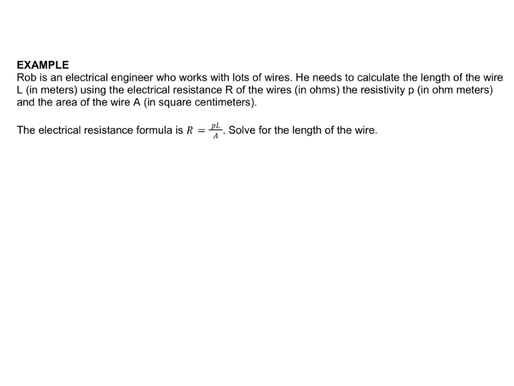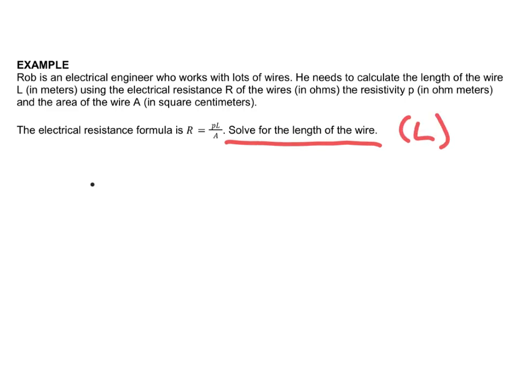As I read this, that's a lot of information and a lot of things that I don't know what they are. However, I am able to read this formula: R is equal to P times L, all divided by A. And we want to solve for the length of the wire, in this case, L.